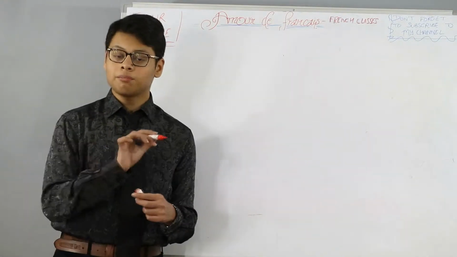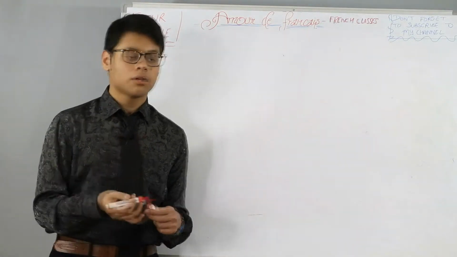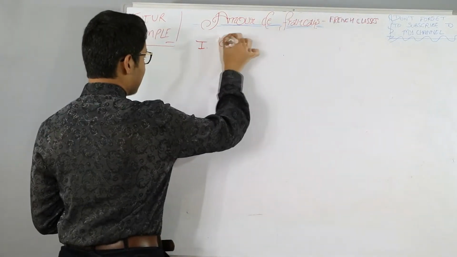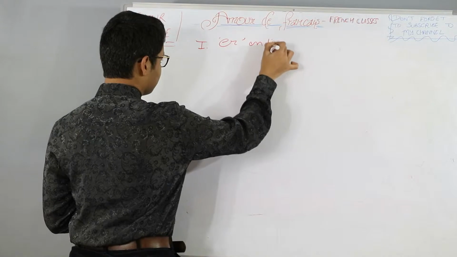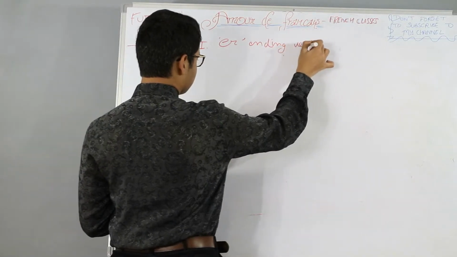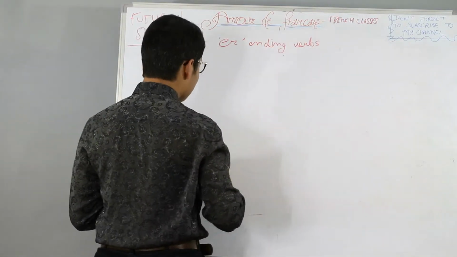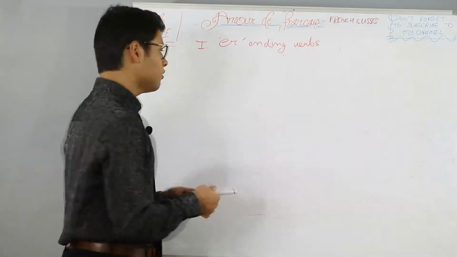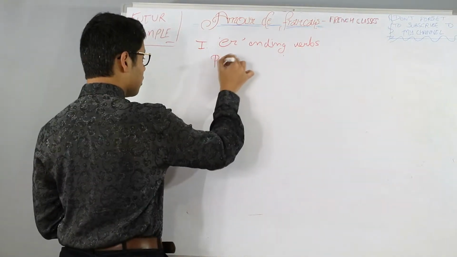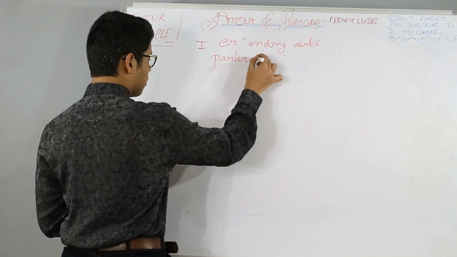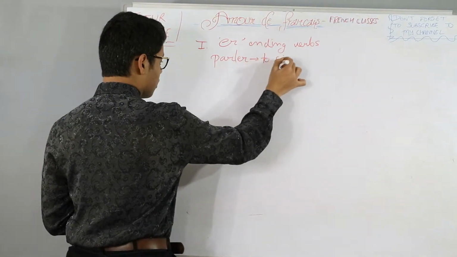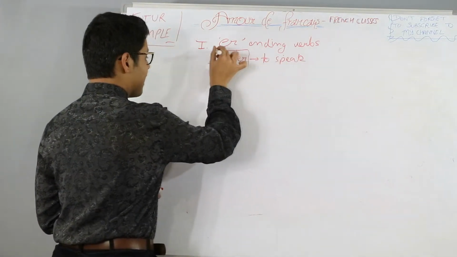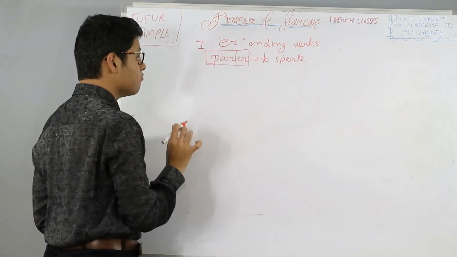But now what about those blanks which I made, the stem? First we will discuss ER ending verbs. Here, let's take a verb, say parler, which means to speak. What will be the stem? The whole infinitive of the verb.